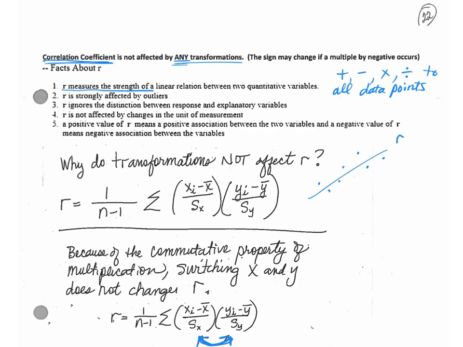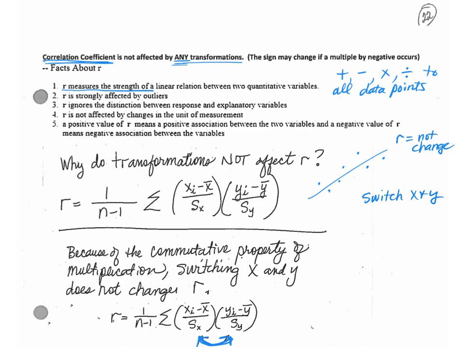The correlation coefficient is not changed. So you can add, subtract, multiply, divide. You could even switch the x and y, and if you recalculated, the correlation still is the same.